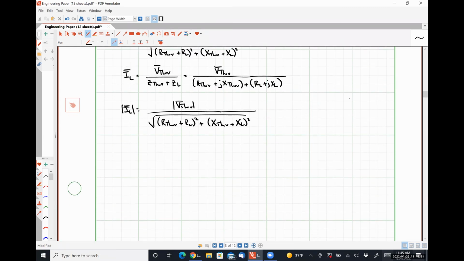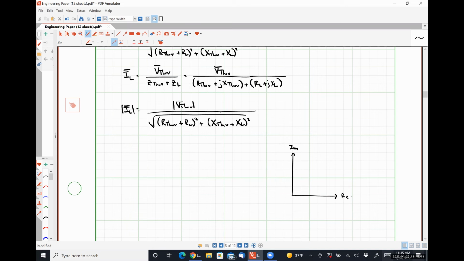So I'm going to draw something here, and I'm making an assumption. It's not going to particularly matter in this case, but I'm assuming that my impedance ZL is inductive.